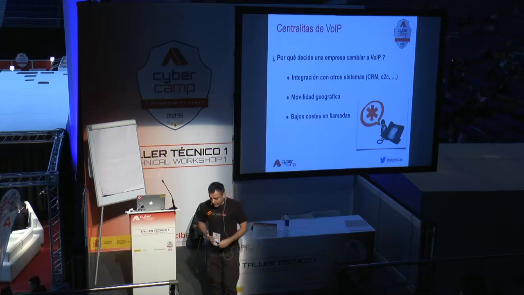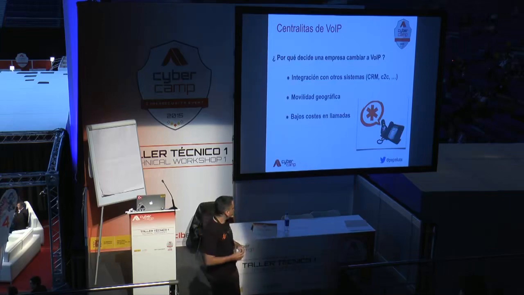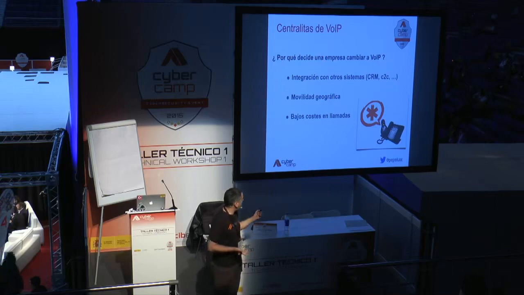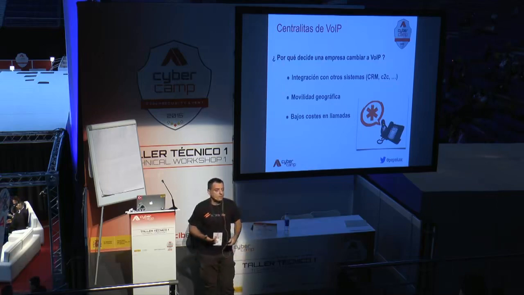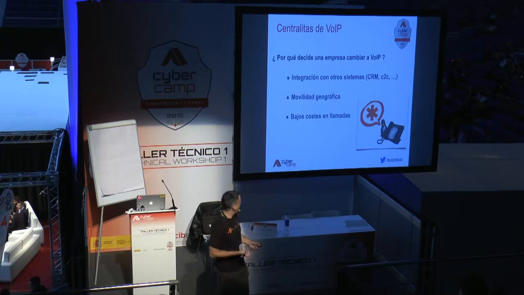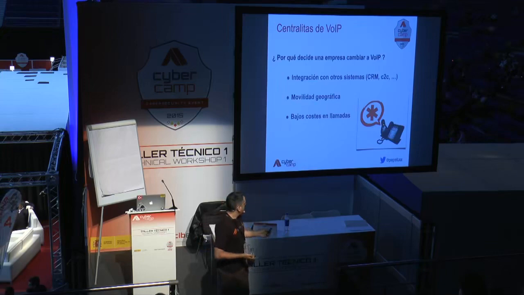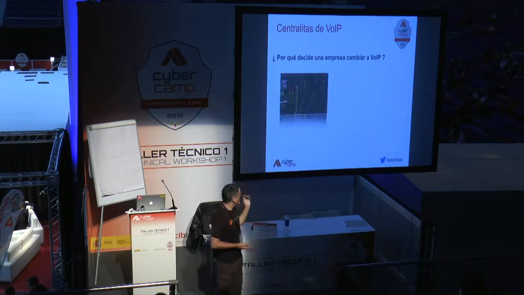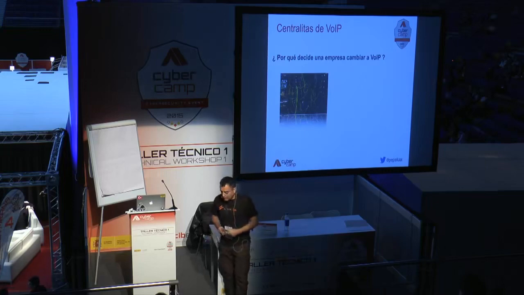Why would a company decide to switch to voice IP? Well, first off, as I said before, because that way they can have it embedded with other systems, do things that are not possible with standard telephony, geographical mobility, low costs when calling, and often companies change out of a need.